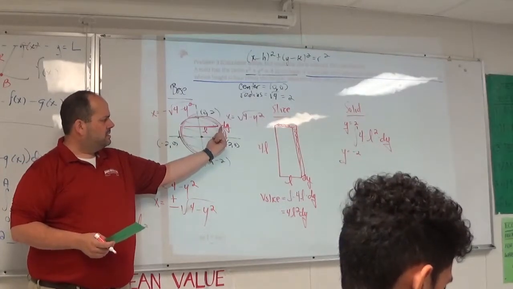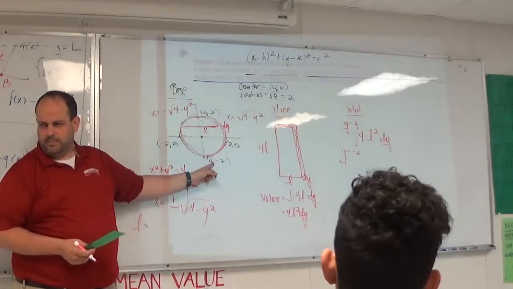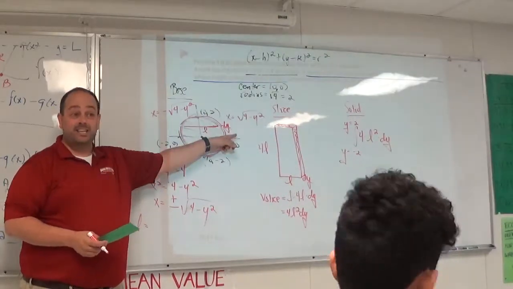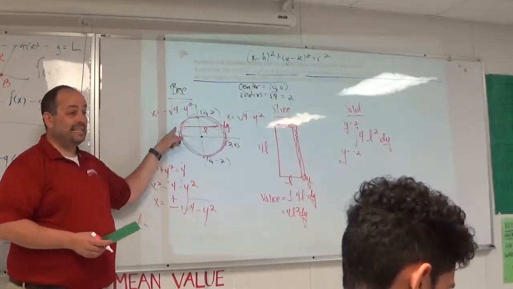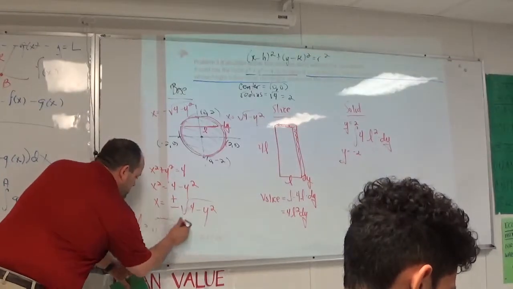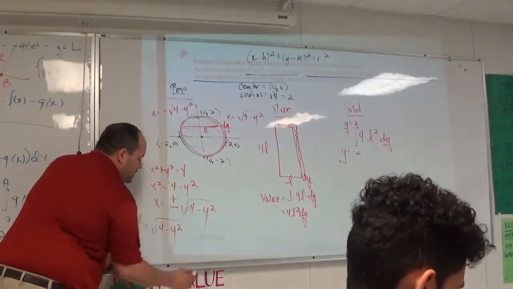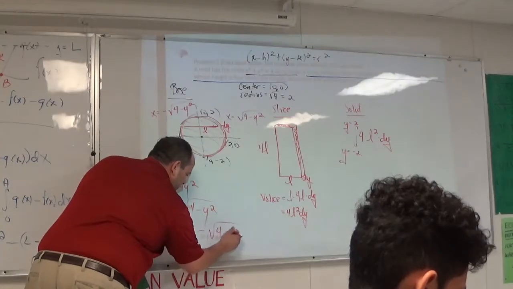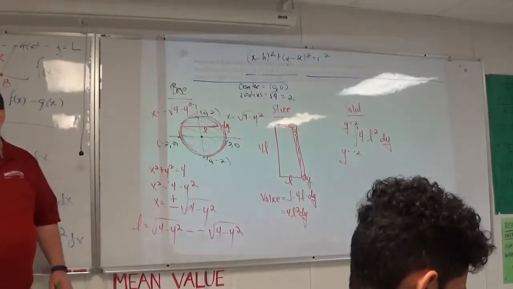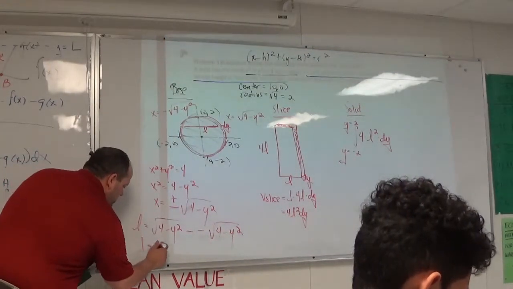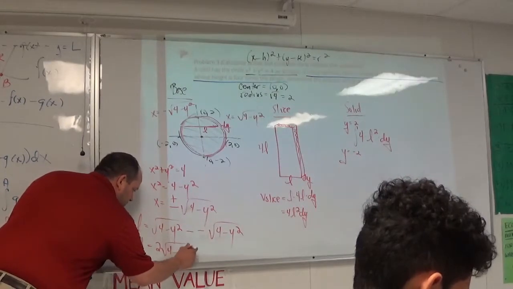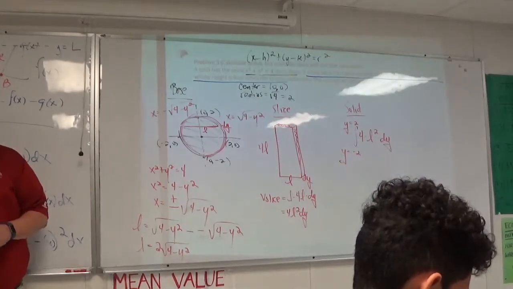We're used to thinking top minus bottom, but we're doing a slice this way, so right minus left. So this is the square root of 4 minus y squared minus the negative of the square root of 4 minus y squared. Stay with me just for a second. So that's really 2 times the square root of 4 minus y squared.